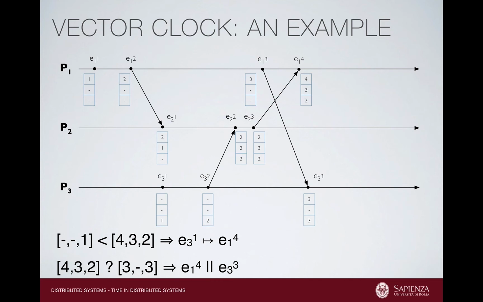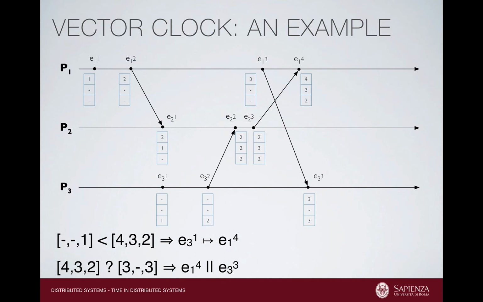Notice that this is capturing causality, because the vector 0, 0, 1, that is the event E3,1, is less than the vector 4, 3, 2, that is the event E4,1, and these events are causally related.